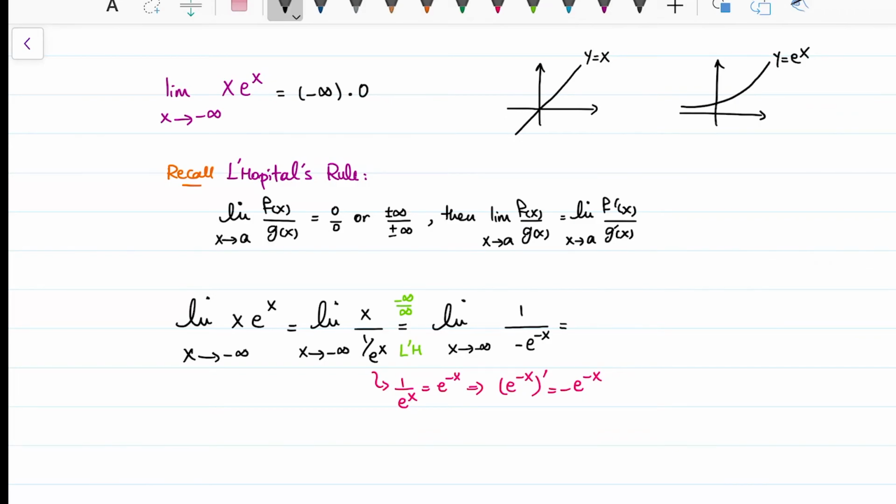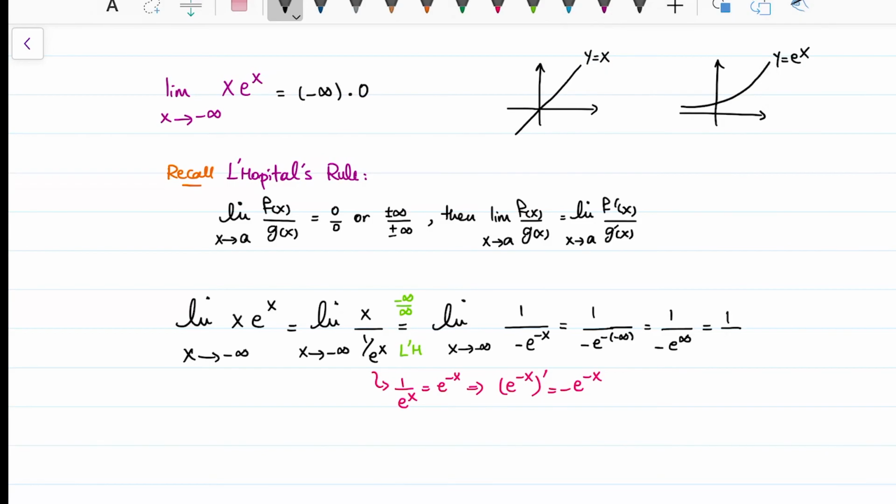So now what do I get? I get 1 over negative e to the negative x, evaluated at negative infinity. It would be negative of negative infinity. If I just want to cheat a little bit, I get 1 over negative e to the infinity. e to the infinity is basically infinity.